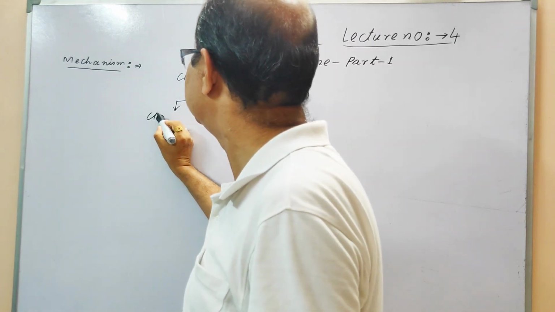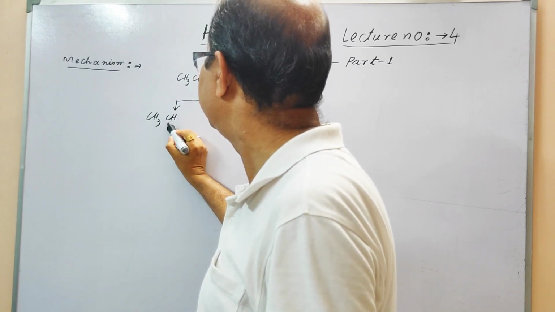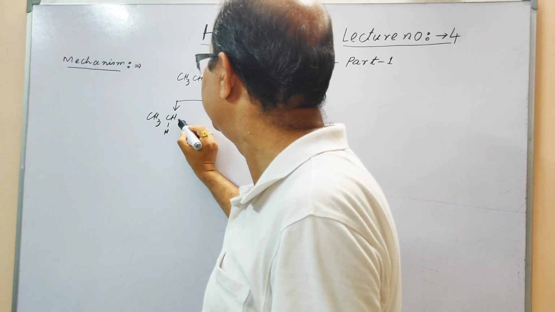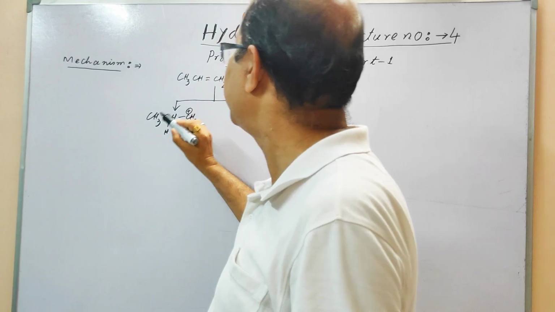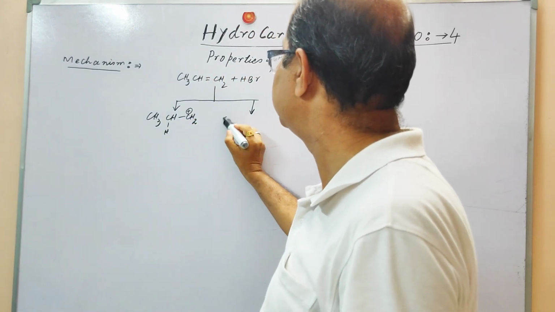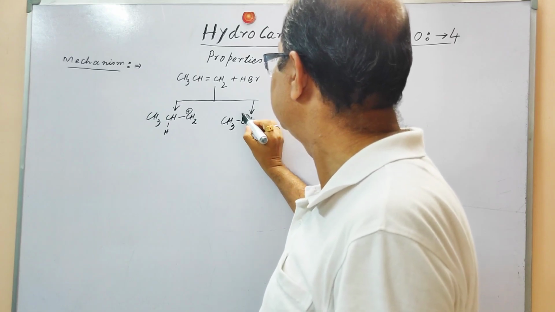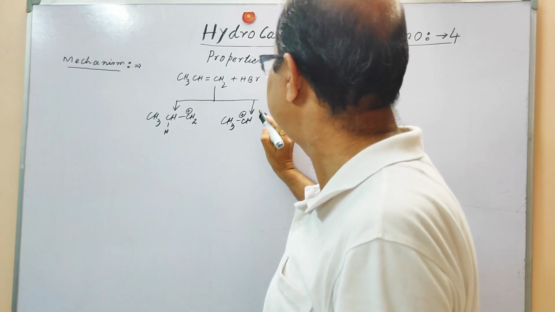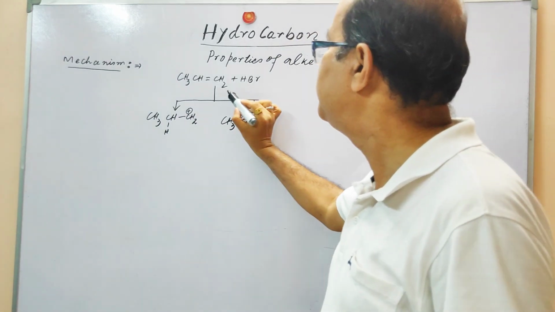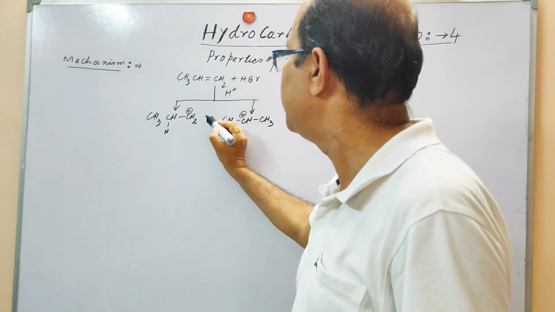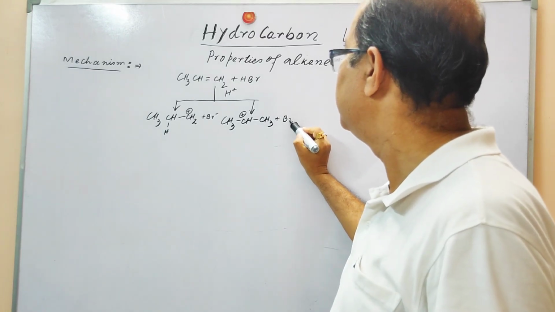One carbocation is CH3CH2CH2, when the hydrogen atom is adding there, and another carbocation is CH3CH+CH3. Two carbocations are produced with this electrophile H plus, and Br minus is produced, because HBr is ionized.